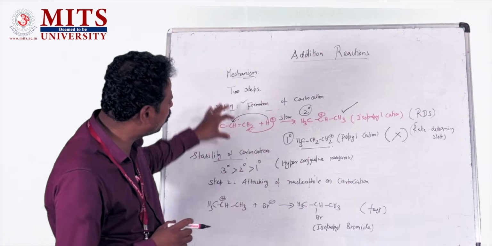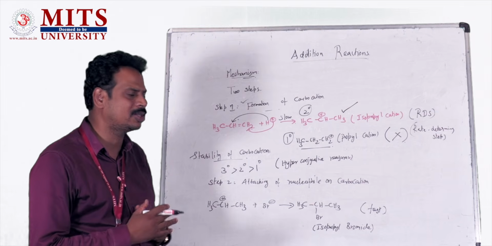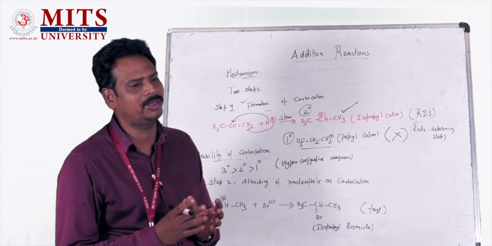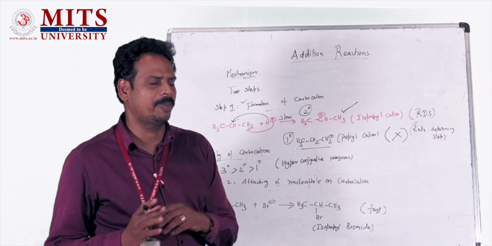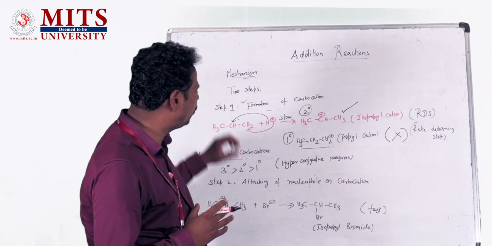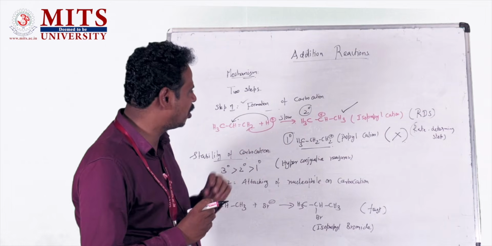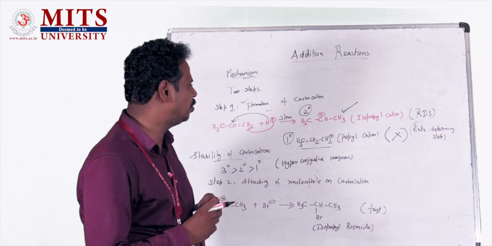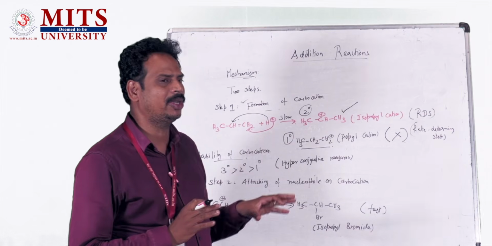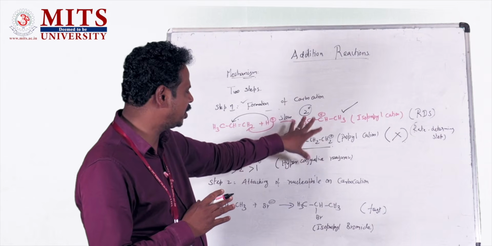So in step 1 there is a possibility of two different carbocations, and among the two, the most stable carbocation is the one that is possible to form compared to the other. In this example of propene, the isopropyl cation is the most possible carbocation because it is secondary and the most stable, compared with the formation of the primary carbocation, which will be completely neglected here because primary is the least stable one.